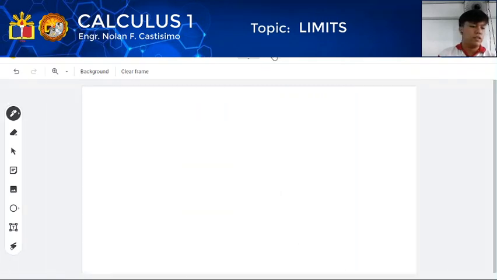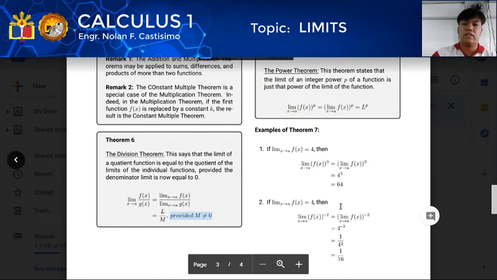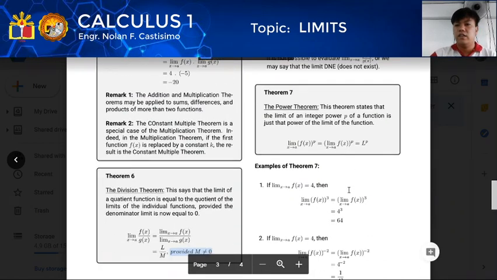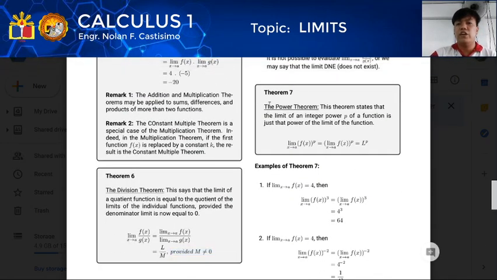Next, Theorem 7. Theorem number 7. Anong sabi ng Theorem number 7 natin? O, yan. So, naka-state dyan. Siya yung power theorem.